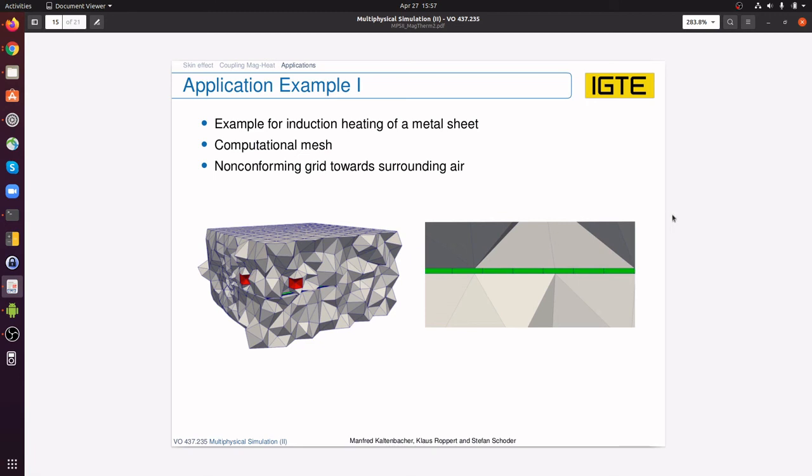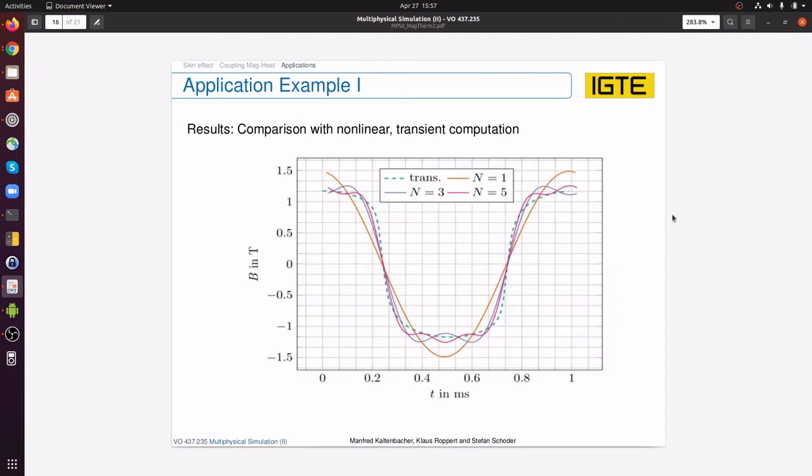You have numerical efficiency because you're decreasing the number of degrees of freedom of your whole system matrix, and you're increasing the performance. The solver is solving this problem faster than with more DOFs.